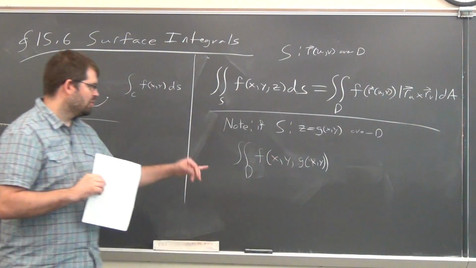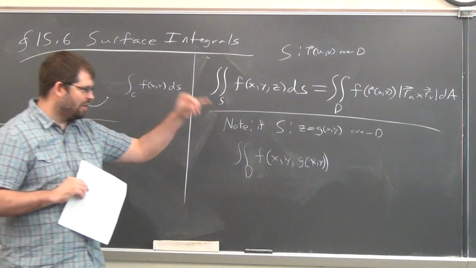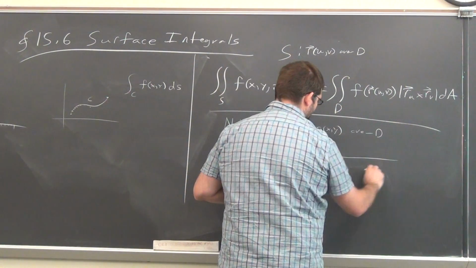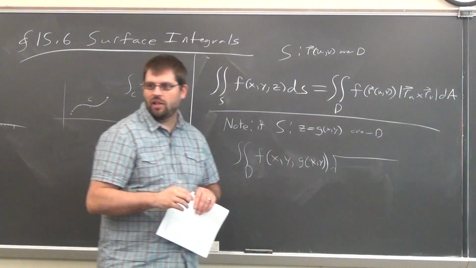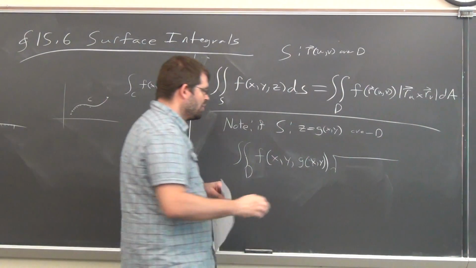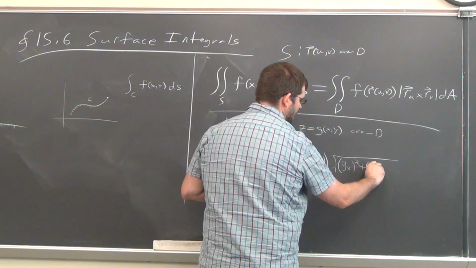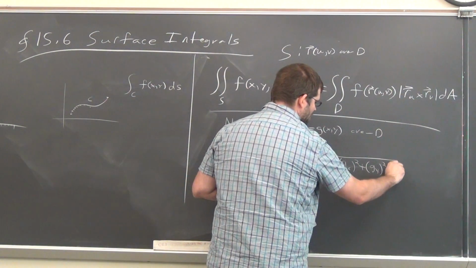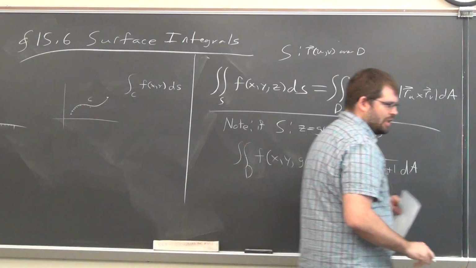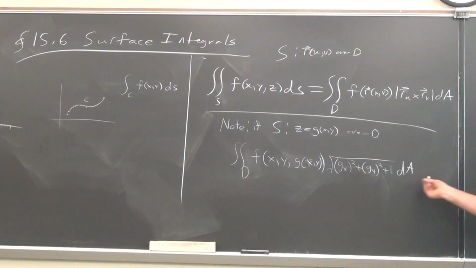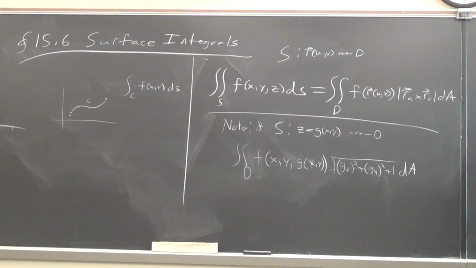We'll just plug in the g for the z's wherever those show up. And then your dS, again, this also just goes back to your old formula for surface area. It's g sub x squared plus g sub y squared plus 1. Hopefully that looks familiar, right? That's the old surface area formula for a function of two variables.